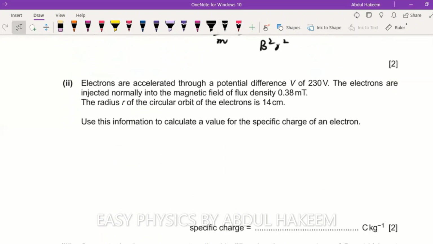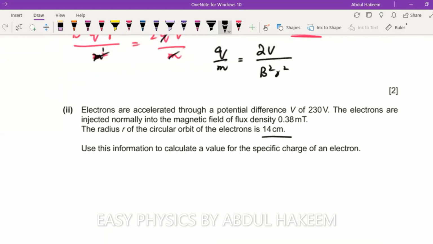Now electrons are accelerated through a potential difference of 230 V. Electrons are injected normally into a magnetic flux density of 0.38 millitesla, and the radius is 14 cm. Use the information to calculate the specific charge. Using the previous formula, q over m is 2V over B squared r squared.